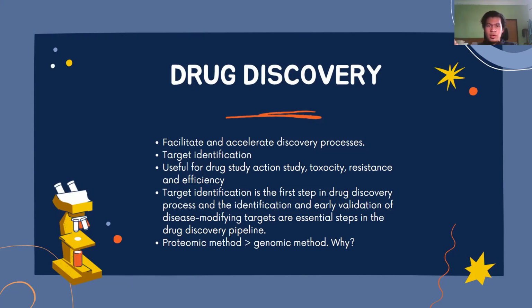All these characteristics can be discovered by proteomic techniques, which are target identification techniques by proteome. Target identification is the first step in the drug discovery process, and the identification and early validation of a disease modifying target are essential steps in the drug discovery pipeline.